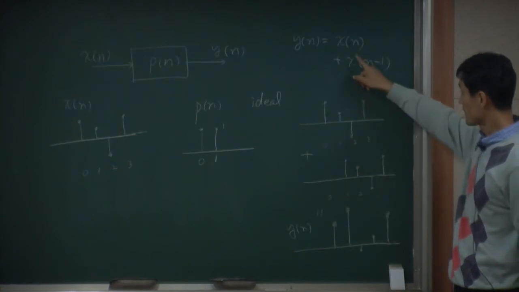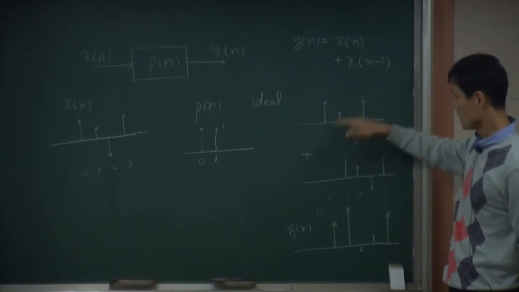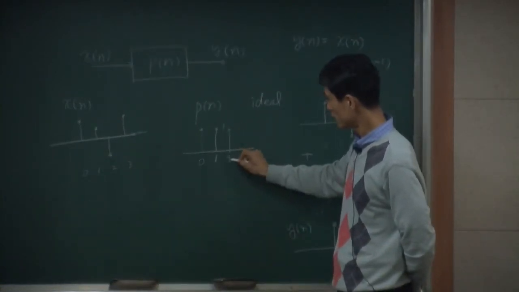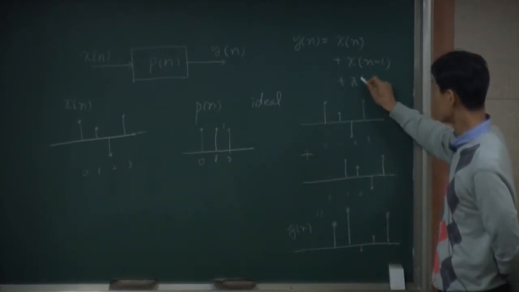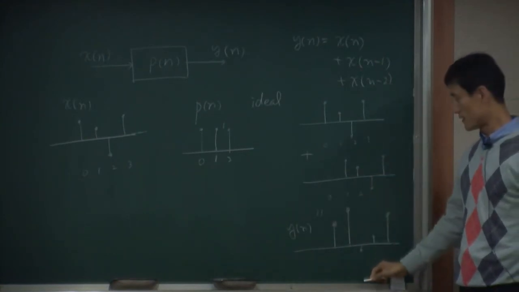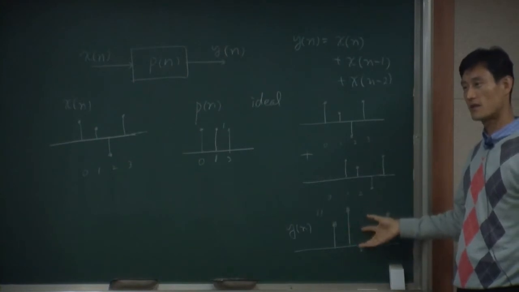Or another way, we are basically adding x[n] plus x[n-1]. If we have, let's say, one more, 2, then we are adding one more, like this, right? Things are more and more complex, and the signal is now even more different, right?